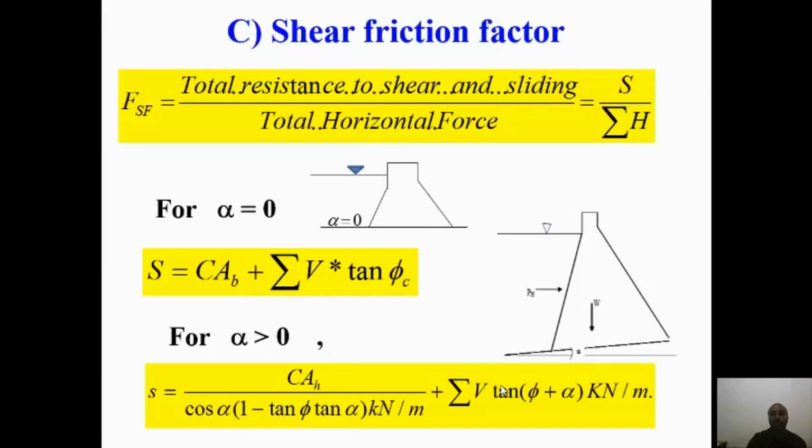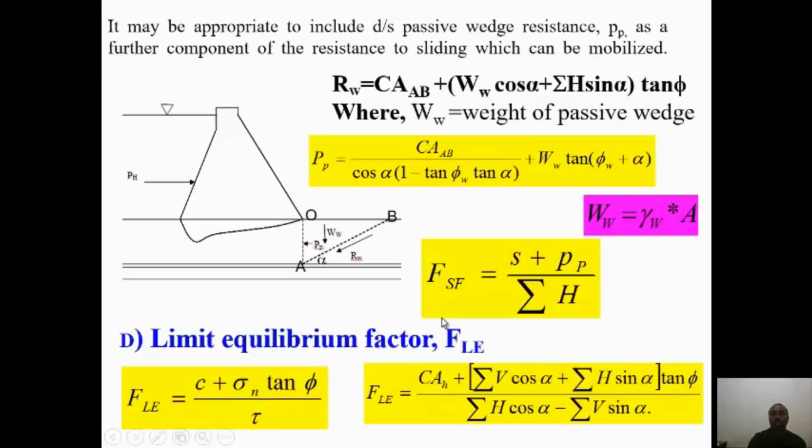The next one is the shear friction factor, S over sigma h, where S is the resistance to sliding and shear and sigma h is the total horizontal force. For alpha equals 0, a horizontal foundation, it looks like this, but for alpha more than 0, an inclined foundation, you get S from this one. In either case, you can use the equation accordingly.